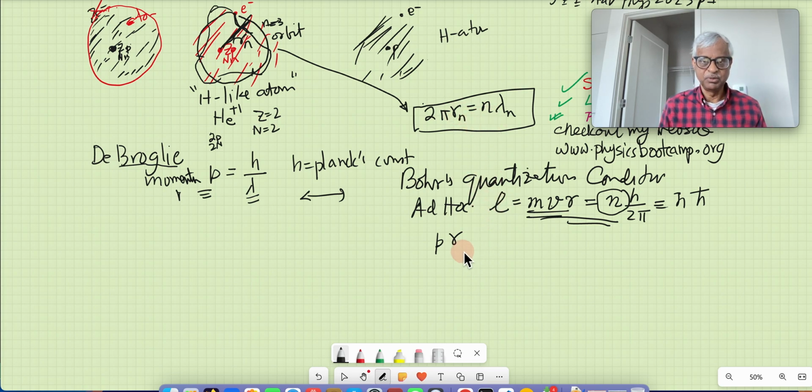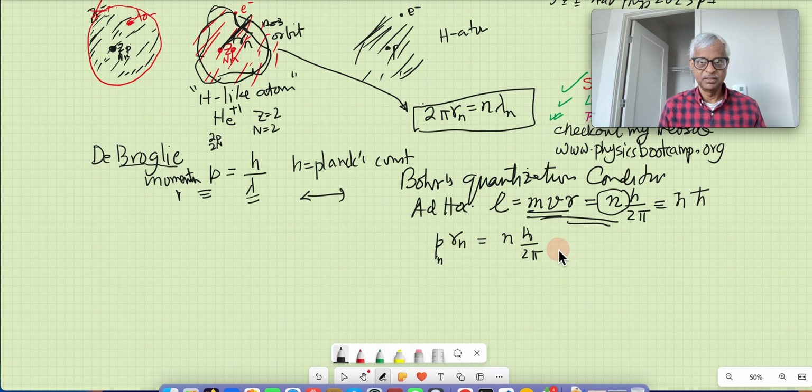Suppose I'm in the nth orbit, so it will be nh over 2 pi, with p being Pn.